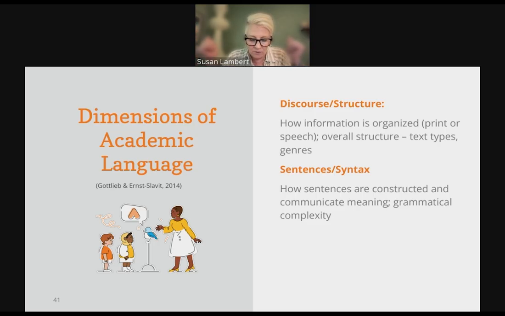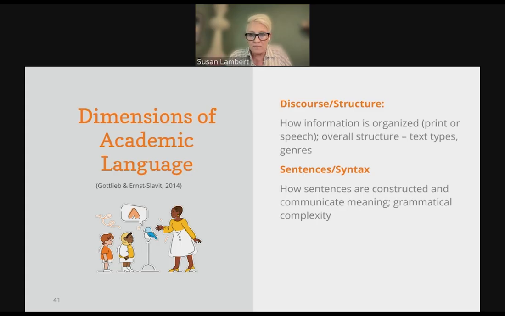I've often heard writers say that writers don't stress over the overall structure of what they're writing, because if you're going to communicate something, you typically have an idea of the way that you're going to structure that text, right? So if I'm writing an email, I know how I'm going to structure that text. If I'm going to write an informational paragraph, I know how I'm going to structure that text.